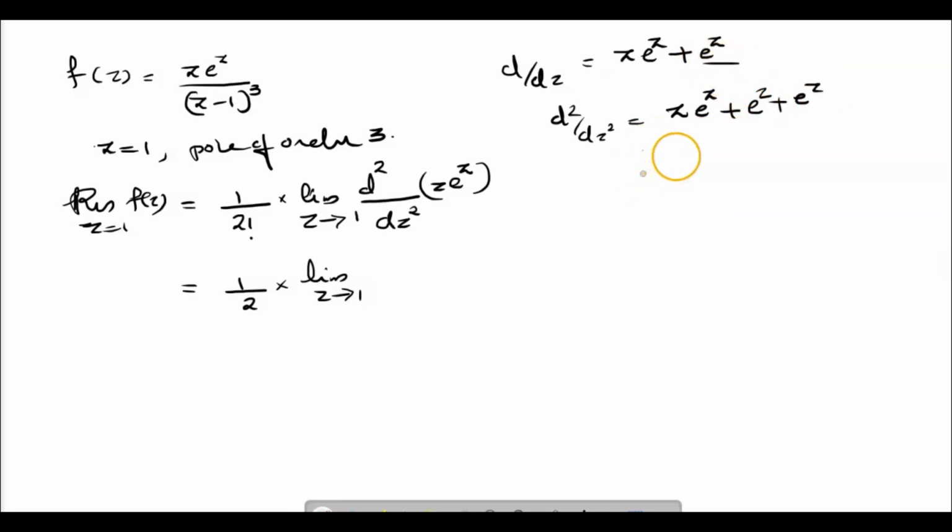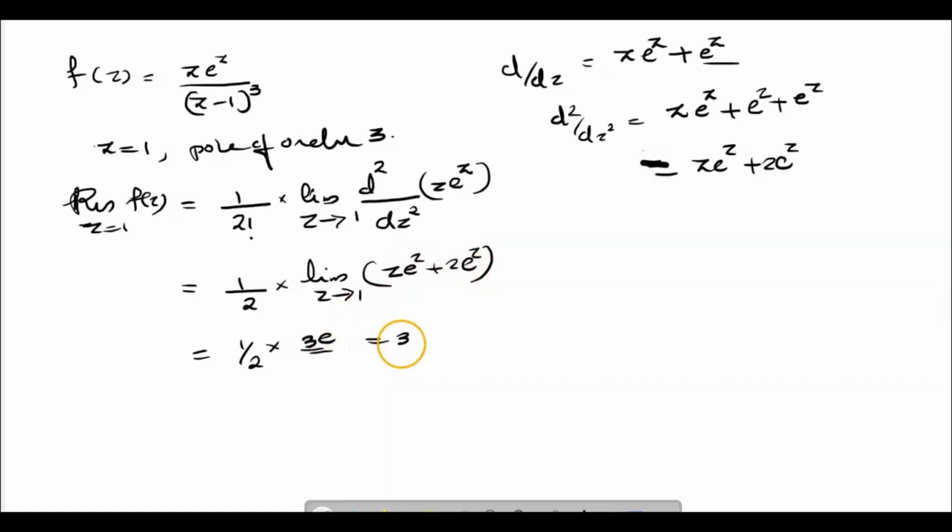This is z e raised to z plus 2 e raised to z. Now limit z tends to 1 of z e raised to z plus 2 e raised to z. Now putting the limit, we get 3 e raised to 1. z equal to 1, e plus 2e means 3e. That is 3e by 2 is the answer.